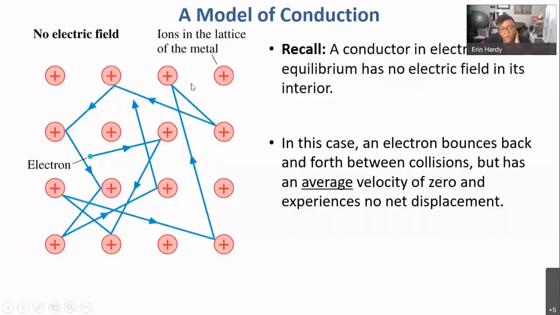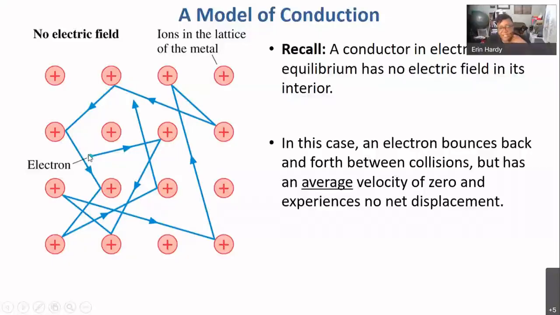In other words, there's no overarching trend in the direction that this electron is going to drift. It is sometimes going to be drifting toward the left, other times toward the right, sometimes up, sometimes down. So the average velocity there would be around 0.